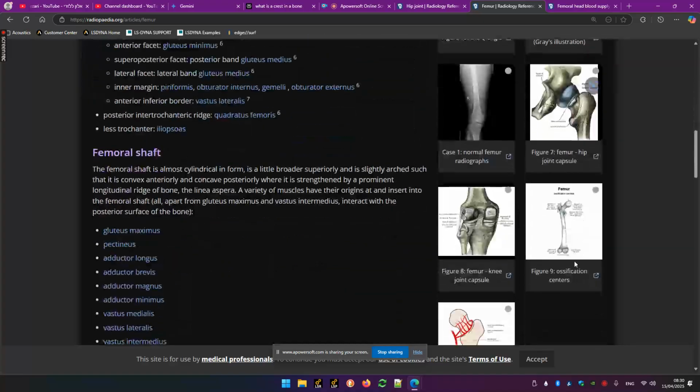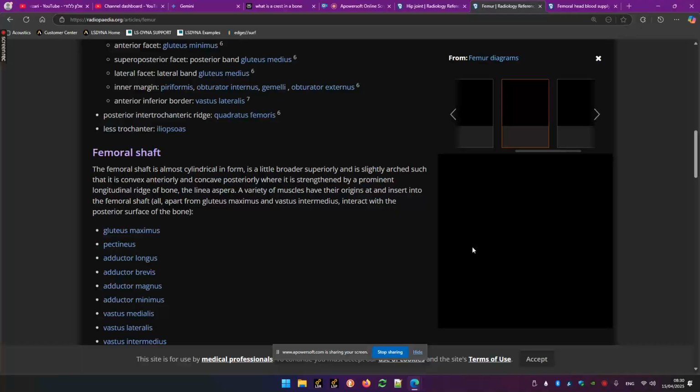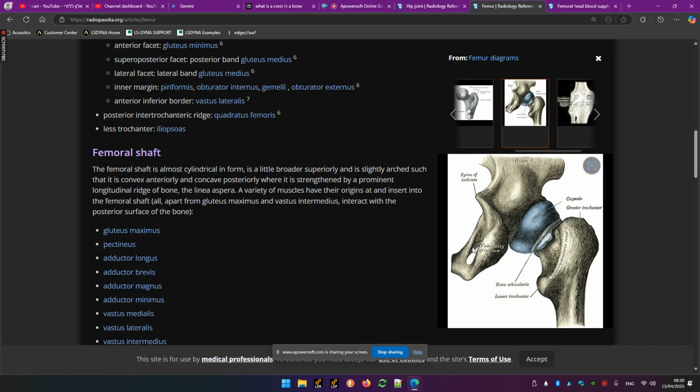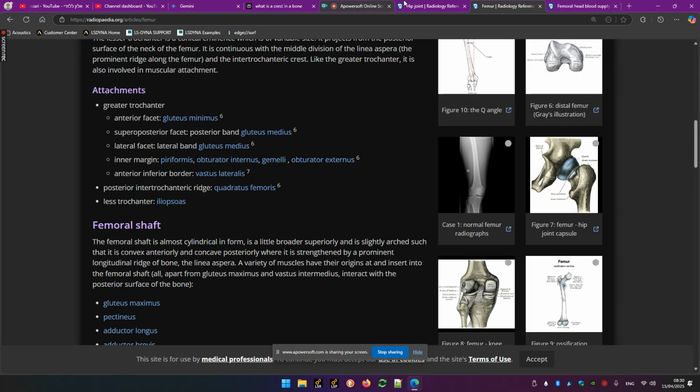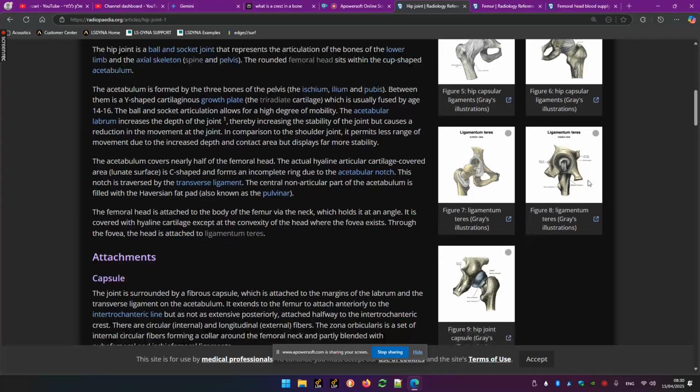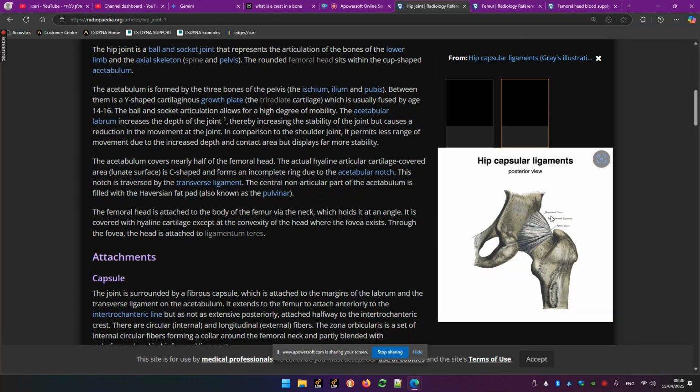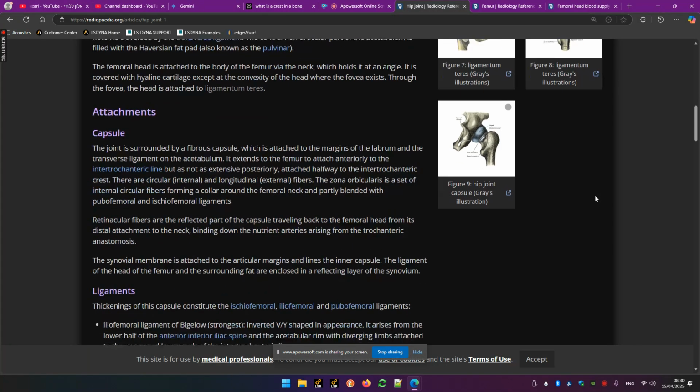So if I'm looking for an image with the capsule of the femur, everything is inside of the head and neck except for the basicervical region. Maybe we'll see another better image of this. Maybe this one is also good, mostly inside except for the basicervical region.